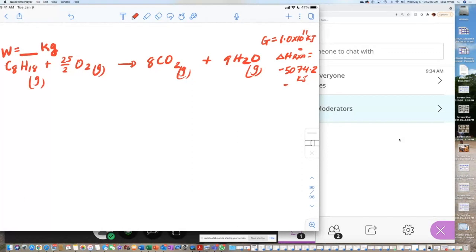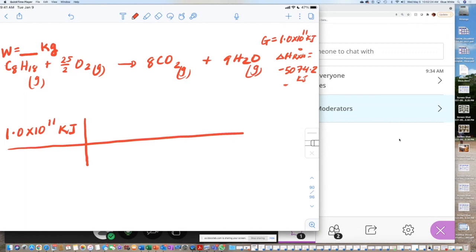Imagine the scientists working on this to figure out the amount of octane a city has to use. So here, 1.0 times 10 power 11 kilojoules. Remember, in stoichiometry, you start with your given, right? So I'm starting with my given. And then somehow I have to bring this back to the balanced equation.